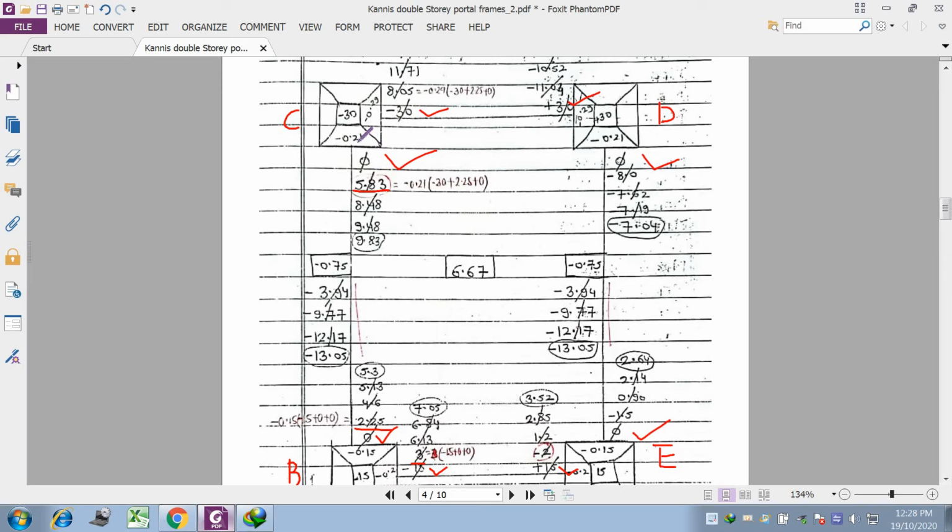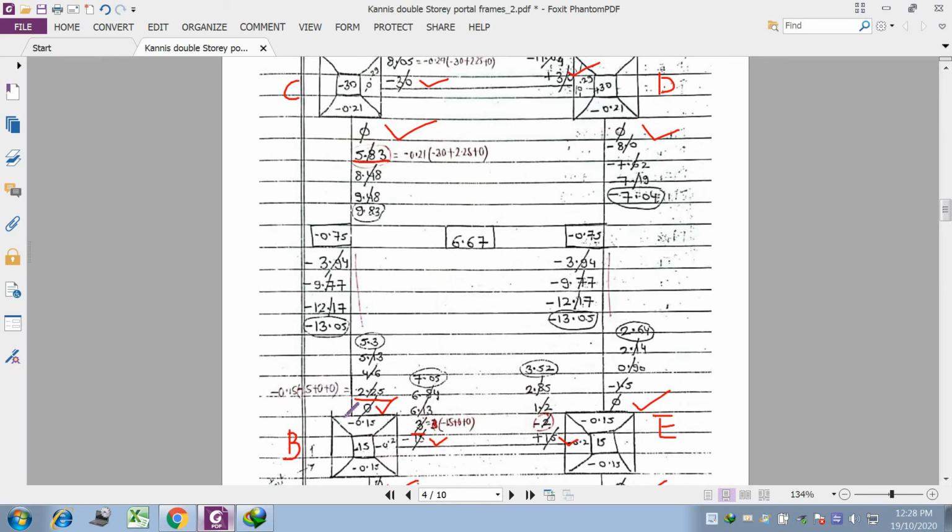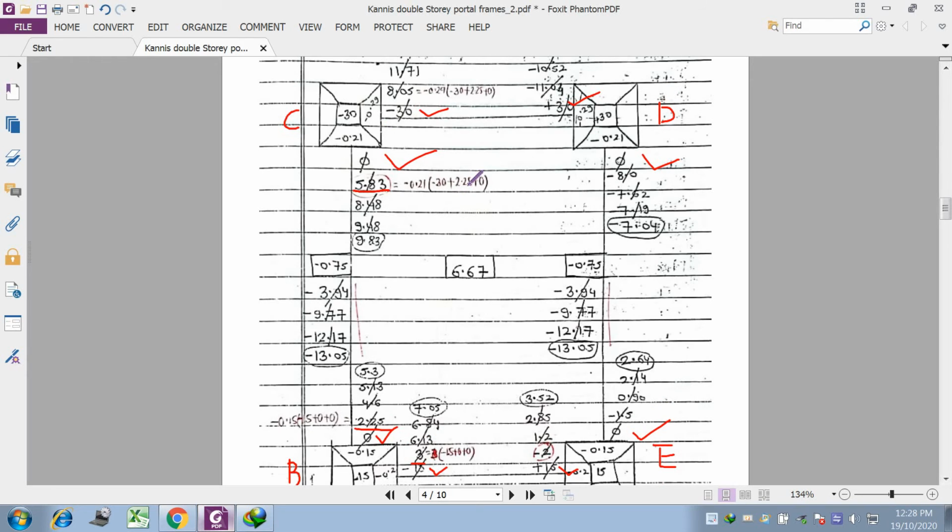Minus 0.21 outside the bracket, then inside minus 30 is there. Then the new value which was obtained at point B, 2.25, you have to consider, and the far end of D is already 0.